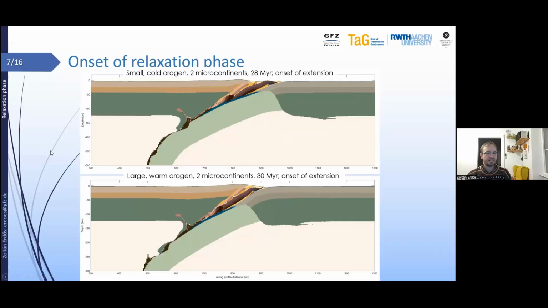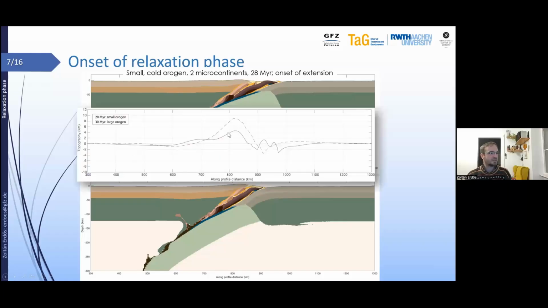The orogen size is slightly different. In the small colder orogen, I have about 4 kilometer high topography and a 150 kilometer wide orogen, while in the large warm orogen, I have more like 8-9 kilometers of peak topography and a somewhat wider orogen. So this is what I'm starting out with in the relaxation phase. It's the same model up to this point, but I have stopped it at two different times.